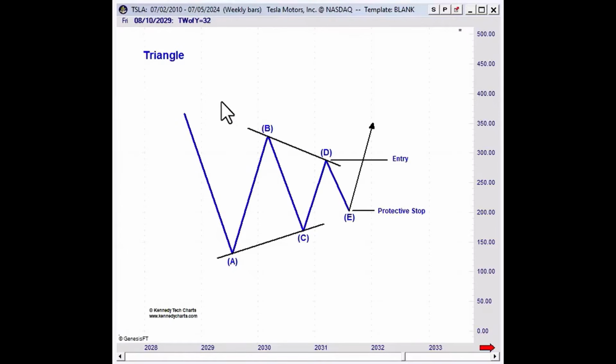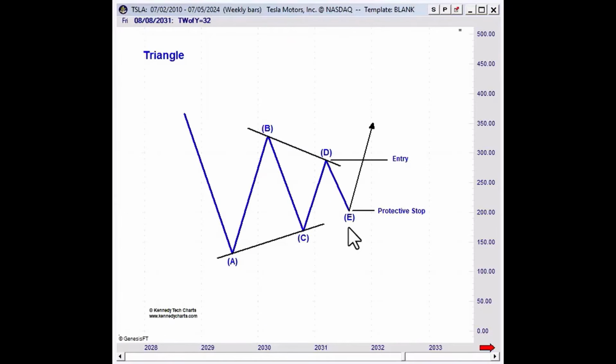For example, if we have wave E complete down here for certain, we'll know that by the subsequent advance. Just simply going A, B, C down and done for wave E, I find somewhat ill-prudent. I just don't think that's smart, because I've seen too many instances where that does not turn out to be a worthwhile strategy.